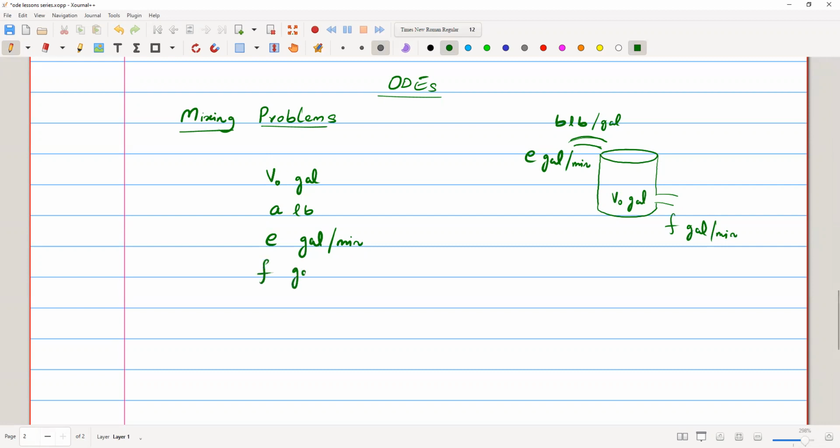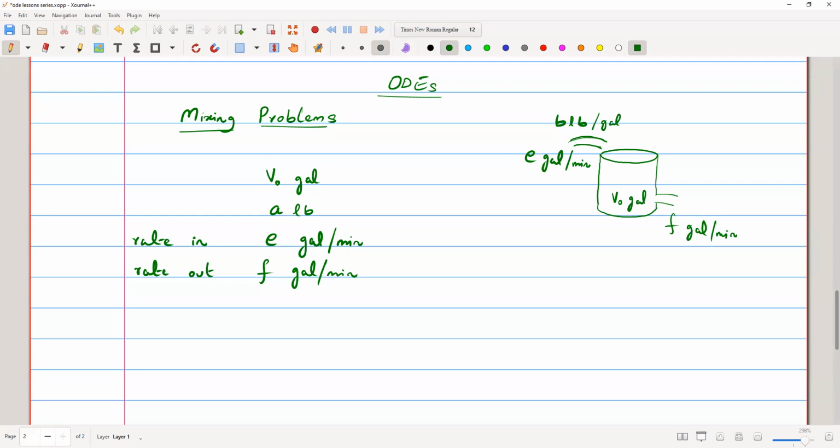So it's the rate out. We can call this the rate in, and this the rate out for the brine solution.